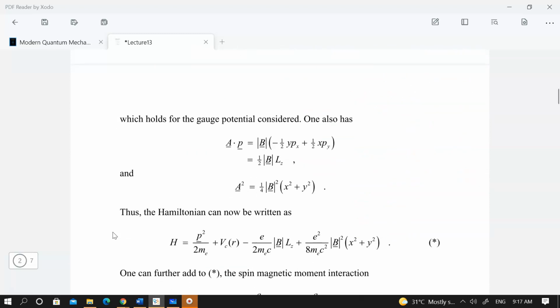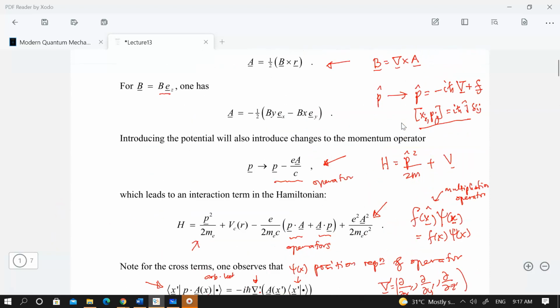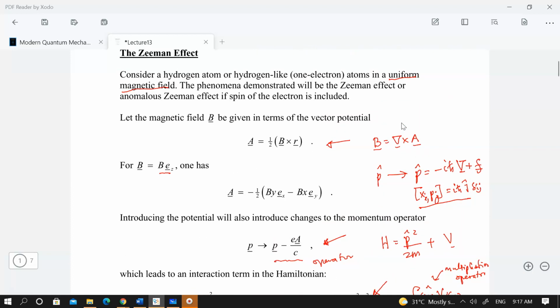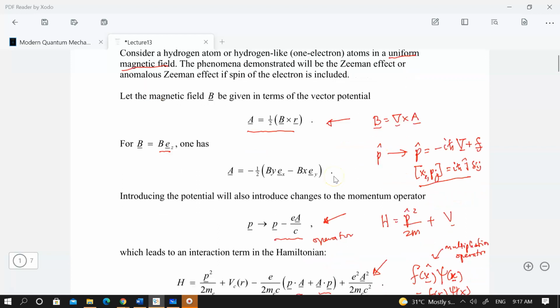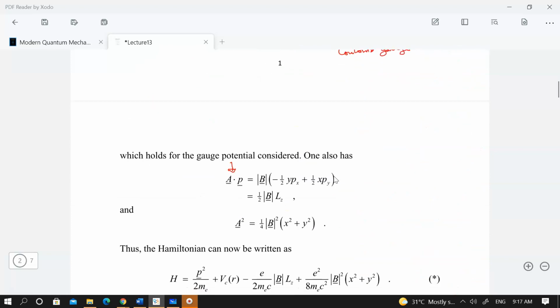And A dot P, now you have to look at the previous expression for A. Remember we had the earlier vector potential that we defined here. So you plug this in, and you consider this just like an ordinary vector, but you can think of it as an operator.